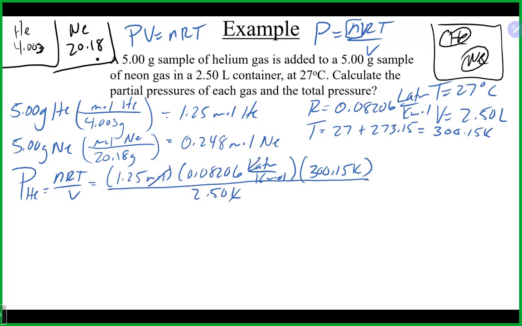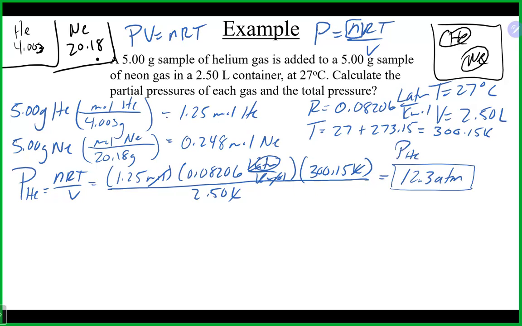Liters cancel, moles cancel, Kelvin cancel, leaving us atmospheres, and we end up with about 12.3 atmospheres. That would be the partial pressure of helium.